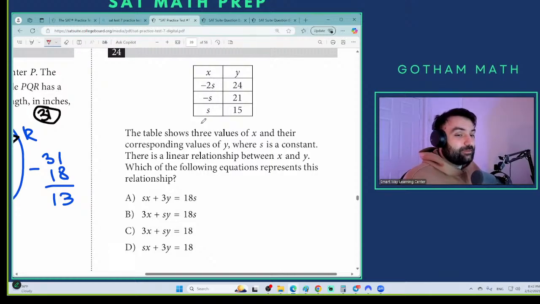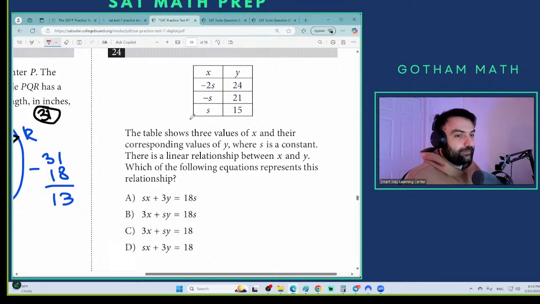You know what we can do? There are a couple of ways. There is a way where you're confident, and there is a way where you're like, I'm not sure. You can just plug in any number, like let's say s will be 1. It will be -2, -1, and 1.